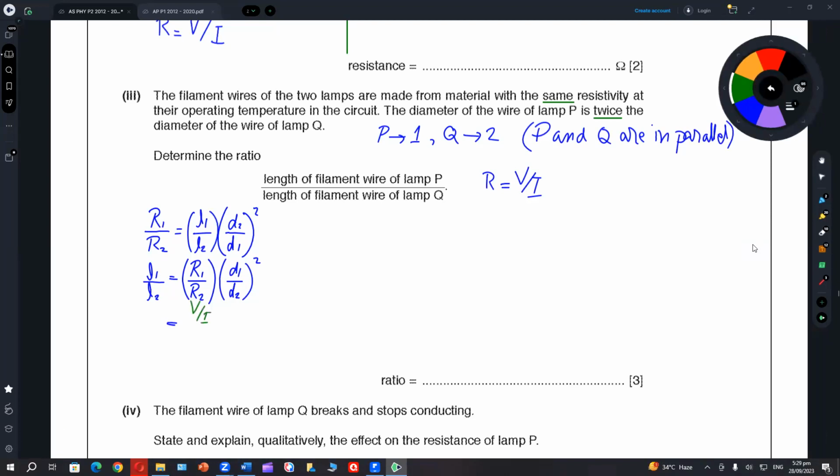V upon I1, V upon I2. I replaced it for my next step, D1 upon D2 square. V and V will cancel.